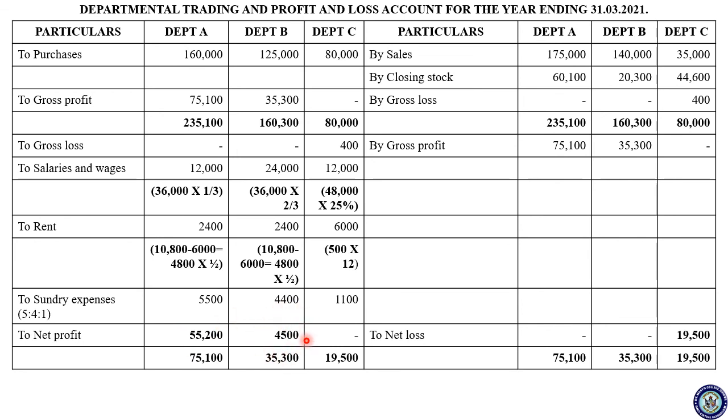Department B incurred a profit of 4,500, and department C incurred a loss. Now you add the profit of A and B, that is 55,200 plus 4,500. Then you have to deduct 19,500 because that is a loss. So loss should be adjusted from profit. So we get 40,200. Means if you prepare the general P&L account, you will get the net profit of 40,200.